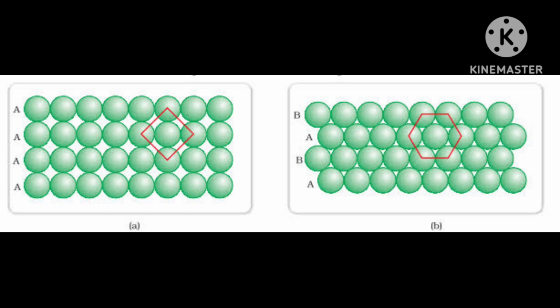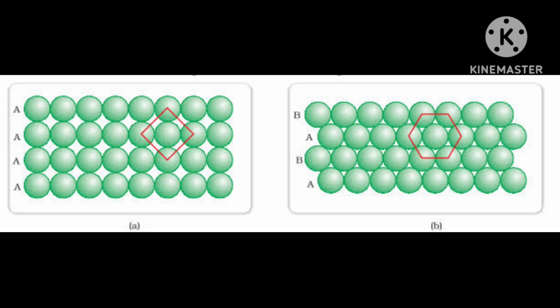The spheres of the 2 rows are aligned horizontally as well as vertically. Suppose first 2 rows you have considered. The spheres of the 2 rows are aligned horizontally as well as vertically. If we call the first row A type, now the second row being exactly the same as the first one is also of A type. 2 rows both are of A type.